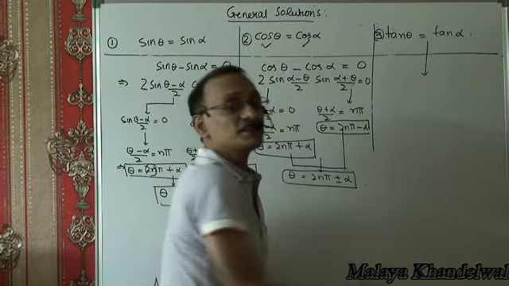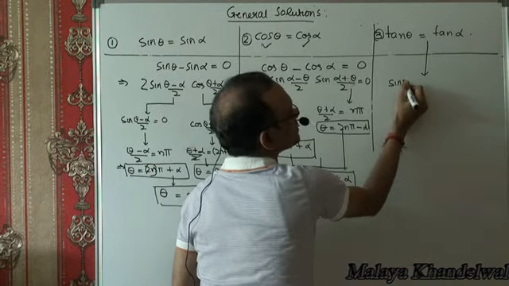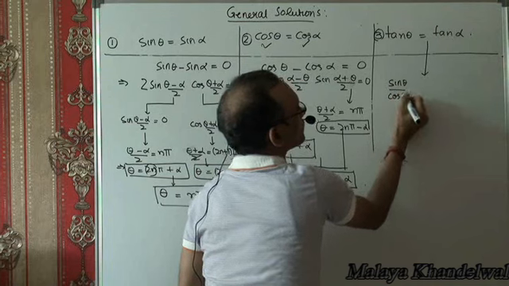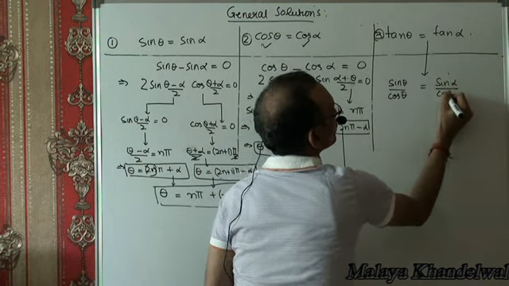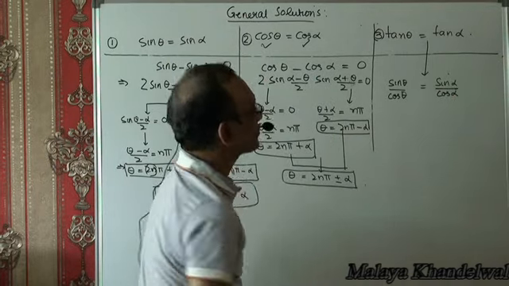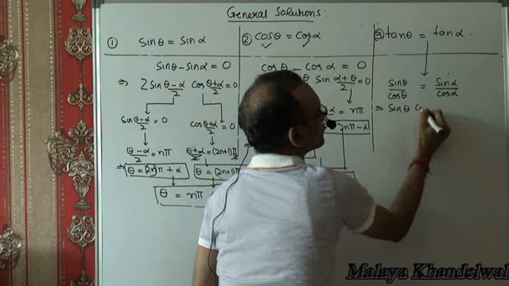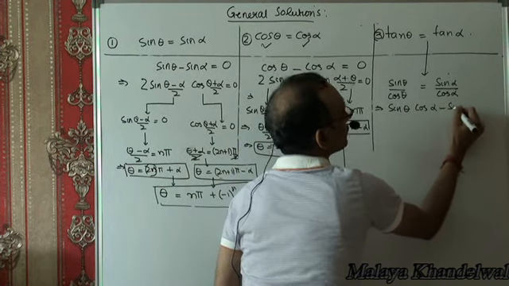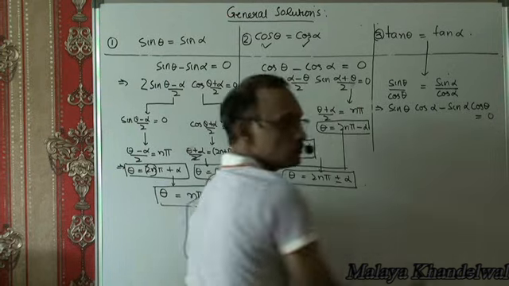Now tan theta equal to tan alpha. So I convert into sin theta by cos theta equal to sin alpha by cos alpha, right? Or sin theta cos alpha minus sin alpha cos theta is 0.